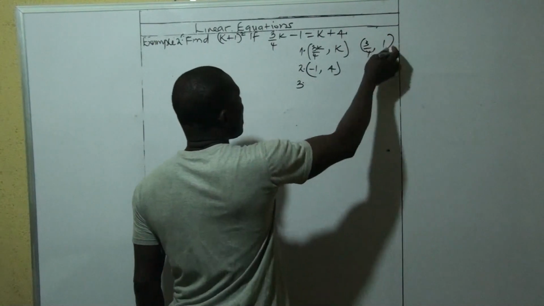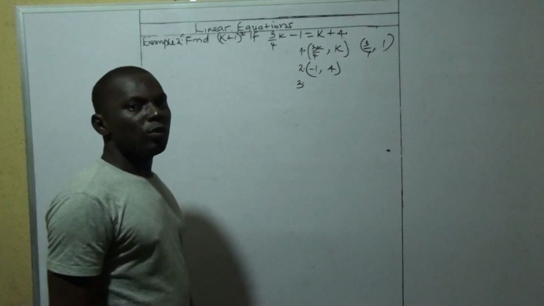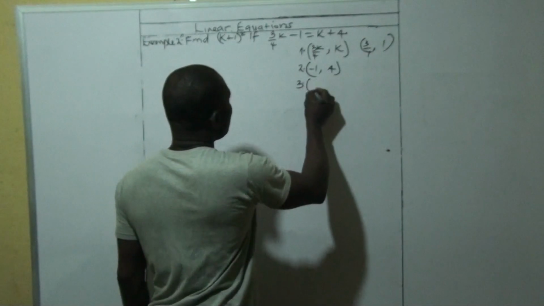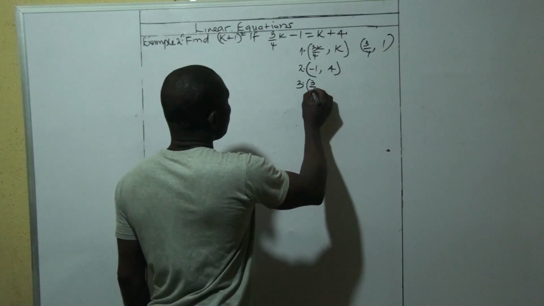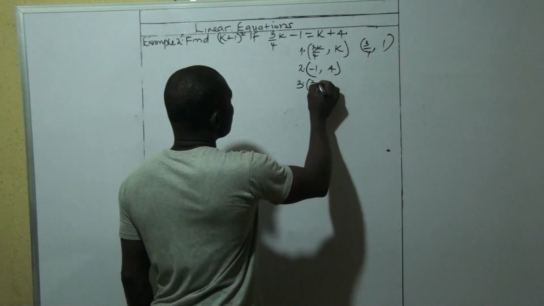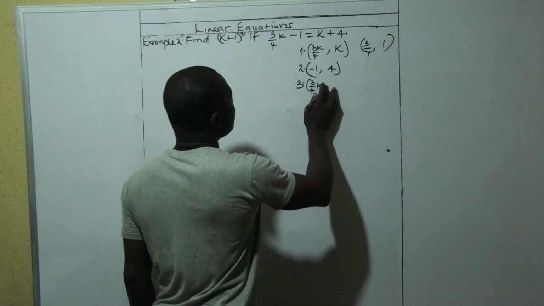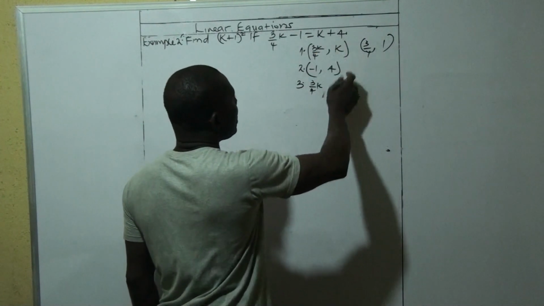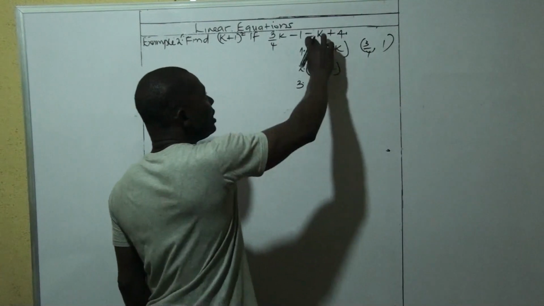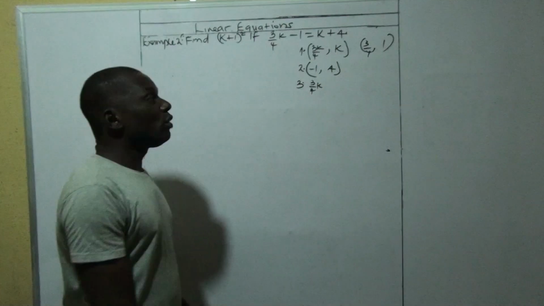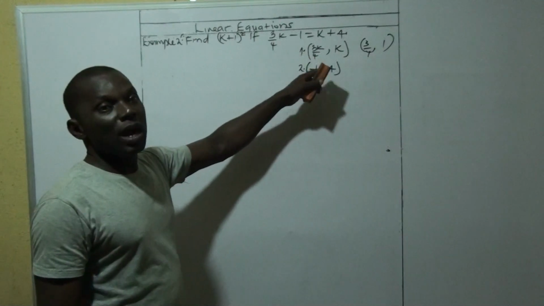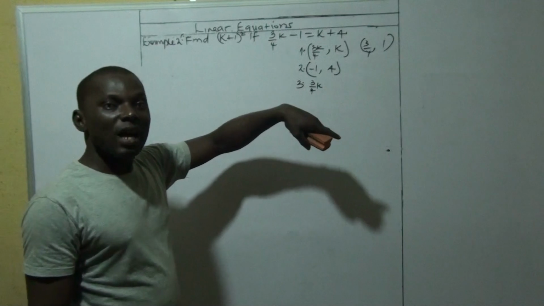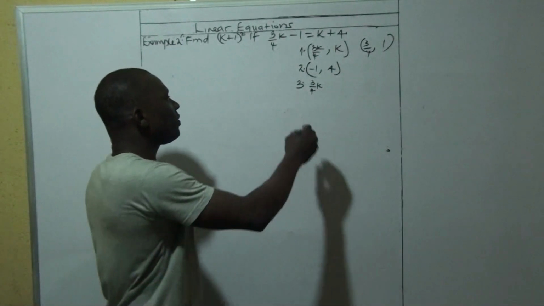So 3 over 4 and 1, which one is smaller? The smaller one here is 3 over 4 k, because k is bigger than 3 over 4 k. If we change 3 over 4 to decimal, it will be 0.75, and 1 is bigger than that. So let's take note of that.